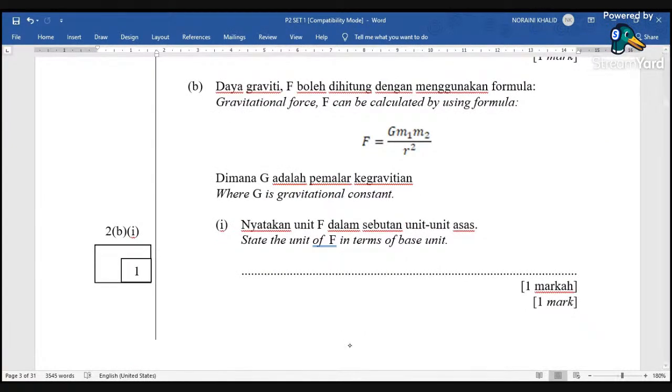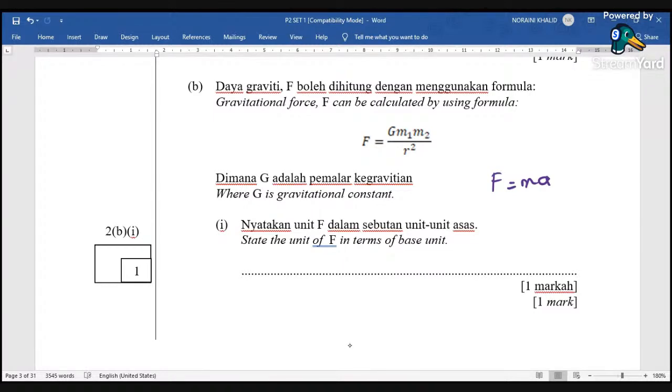Formula F equals to Gm1m2 divided by r squared. State the unit of F in terms of base unit. So in terms of base unit, you can just derive from the same formula.